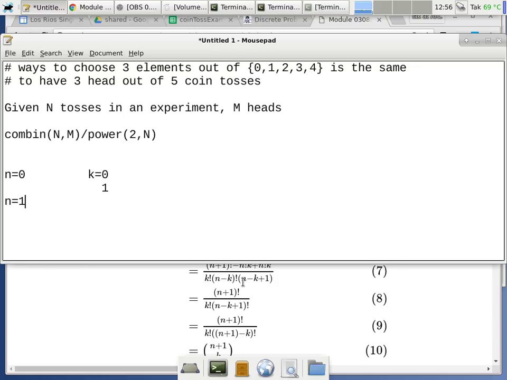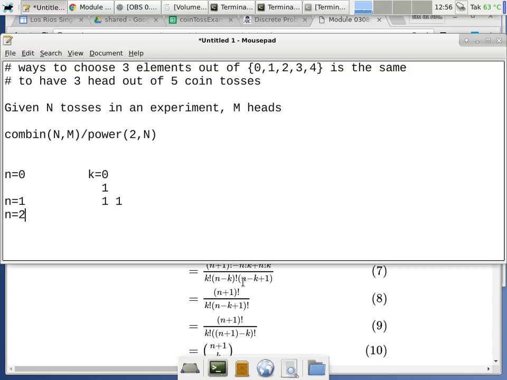Then the next row says n equals 1. I got one thing now. How many ways can I choose nothing out of one thing? There's always only one way to choose nothing out of anything. Then k equals 1. How can I choose one thing out of one thing? There's only one way. Seems to make sense to me. N equals 2.